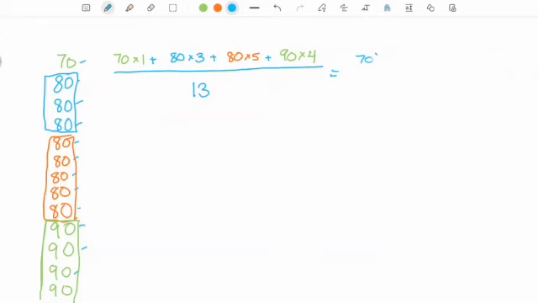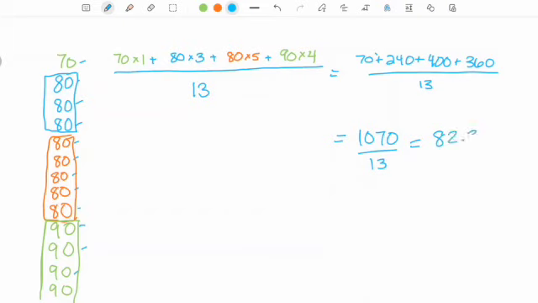We would take 70 plus 240 plus 400 plus 360. We divide that by 13, and that's going to be equal to 1070 over 13, which is approximately equal to 82.3.